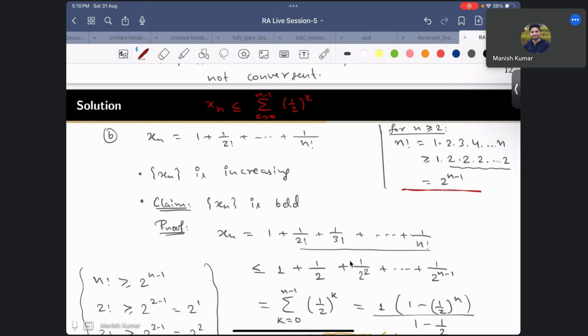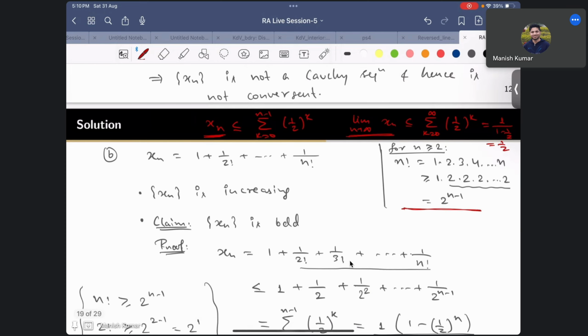Now if you take the limit n going to infinity, xn is less than or equal to the sum over k equals 0 to infinity of 1/2^k, and you know this is a geometric series which will converge to a upon 1 minus r. So a is 1 upon 1 minus half, this is 2. So the limit of xn is less than or equal to 2.